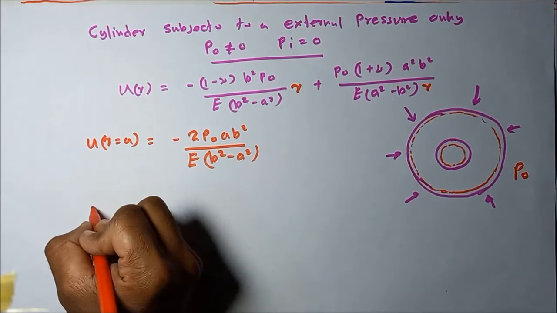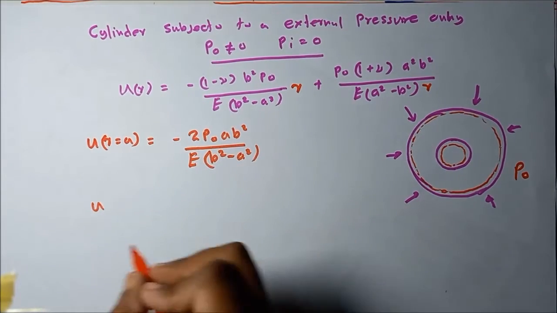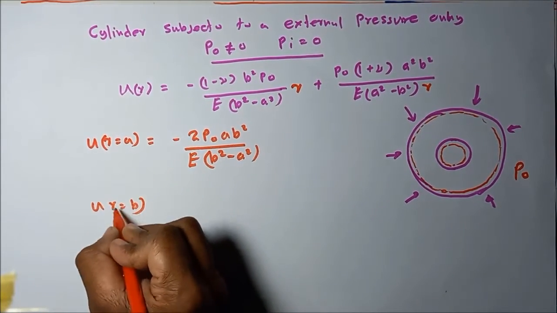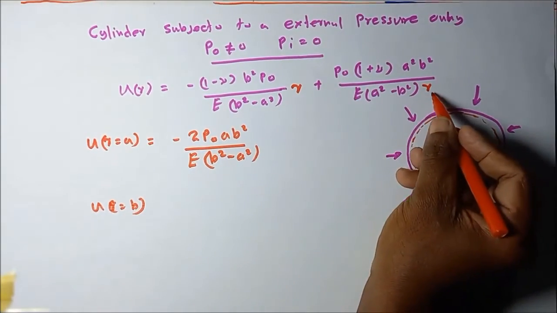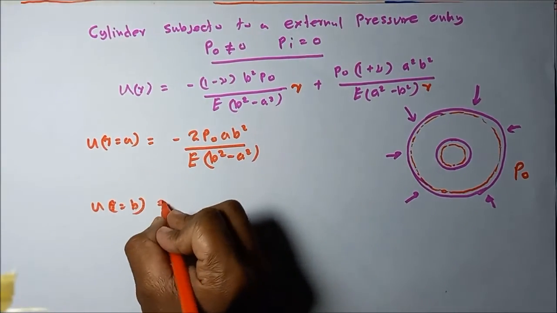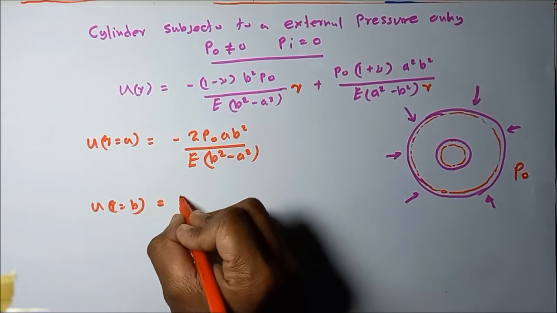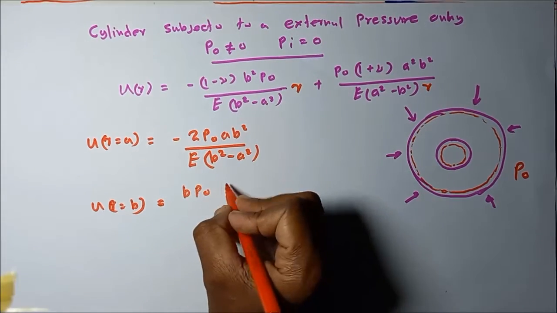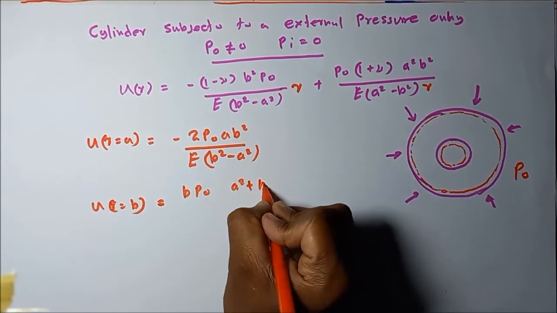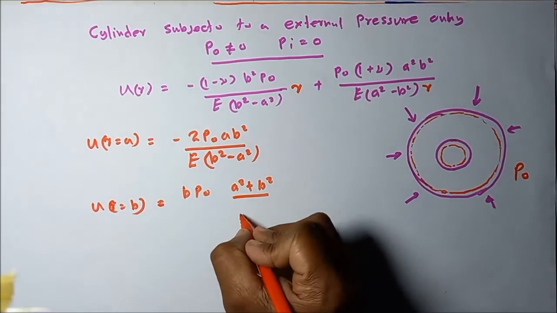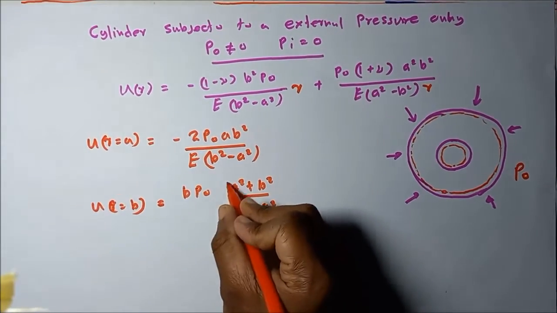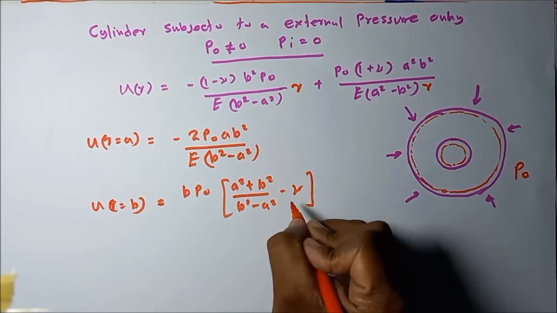Then for the external surface, u_r at r equal to b, by substituting b here, we are able to obtain this equation: b P0 divided by E times ((a squared plus b squared) divided by (b squared minus a squared) minus nu).